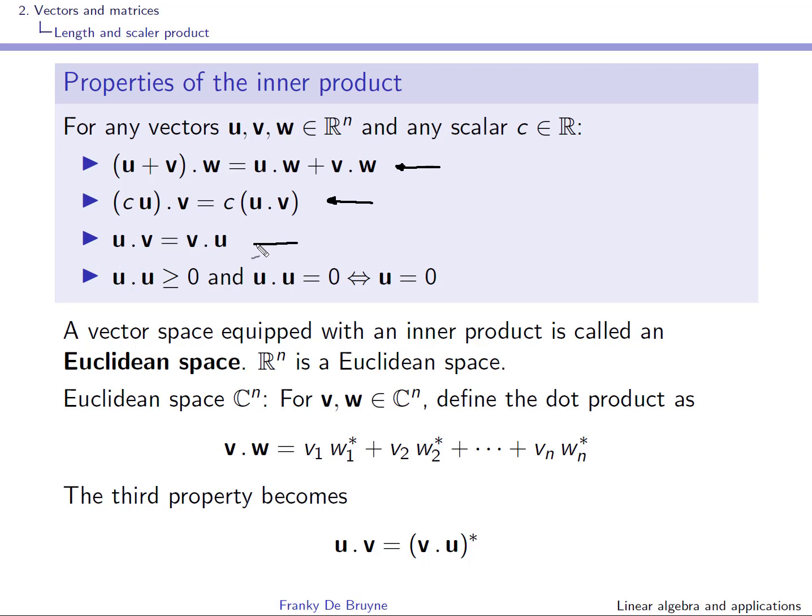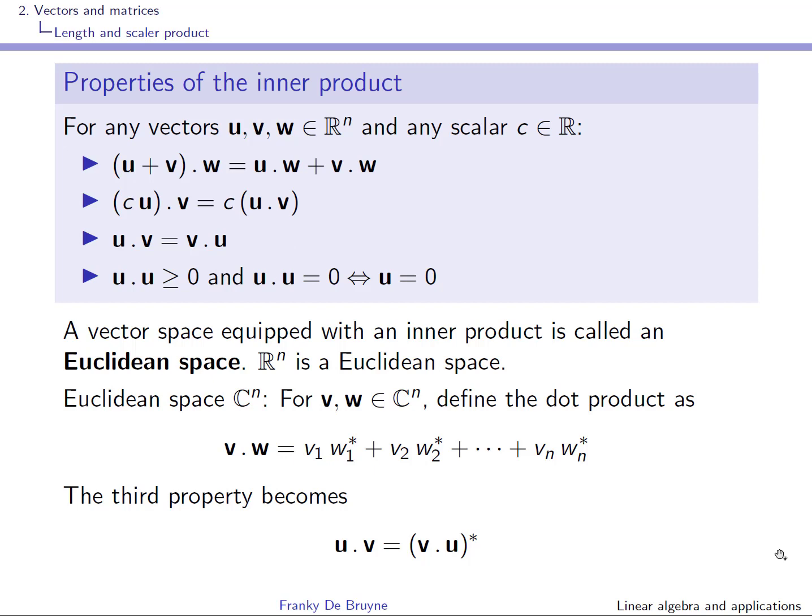We had already seen that the scalar product is commutative, and also we can show, it's not very difficult, that the scalar product of a vector by itself is positive or 0. And it can only be 0 if the associated vector is the 0 vector.